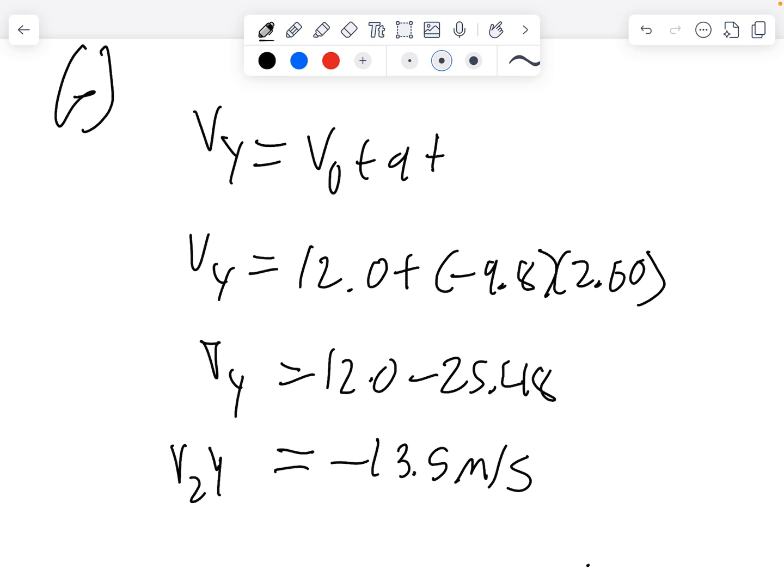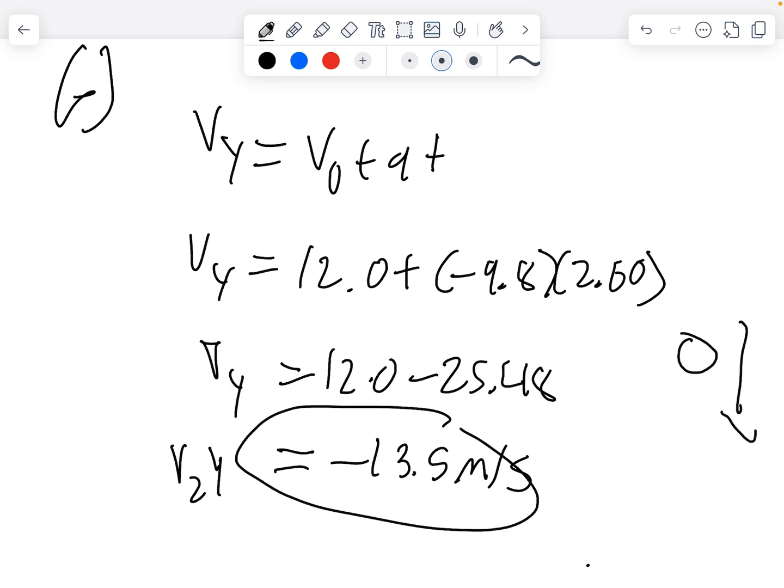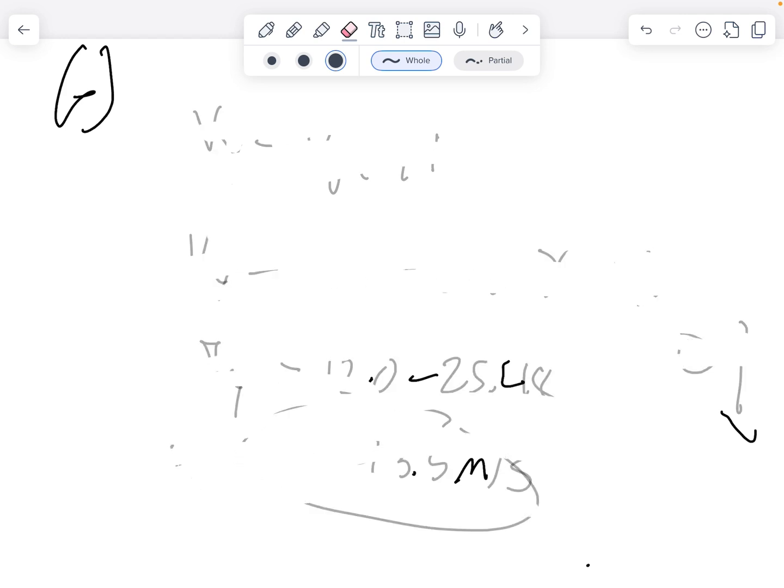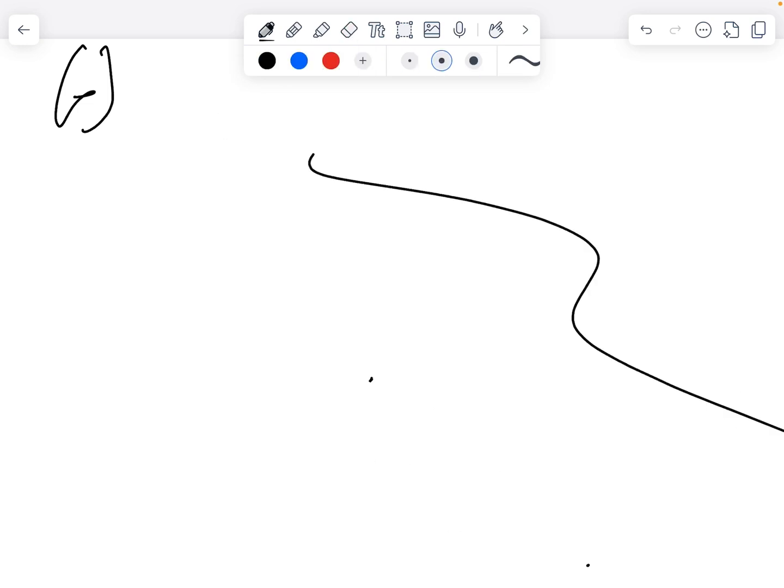Okay, say whether the ball is moving upward or downward 2.6 seconds after it leaves your hand for part H. Since this is negative, the ball is moving downward. So yeah, very simple. Usually for these types of questions, whether your answer is negative or positive determines where your ball is moving.